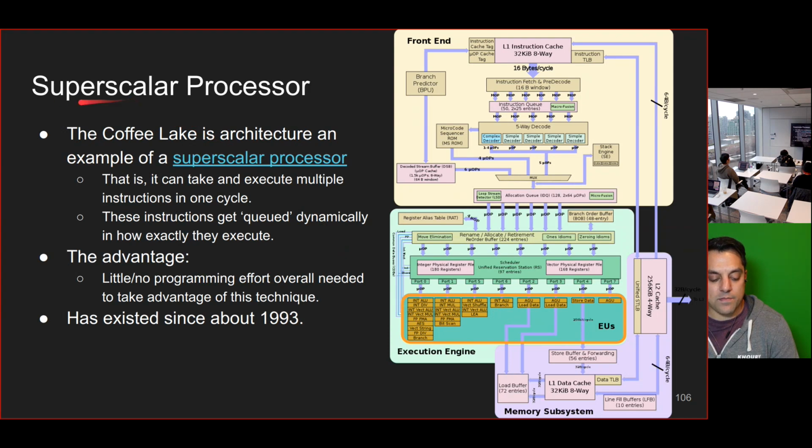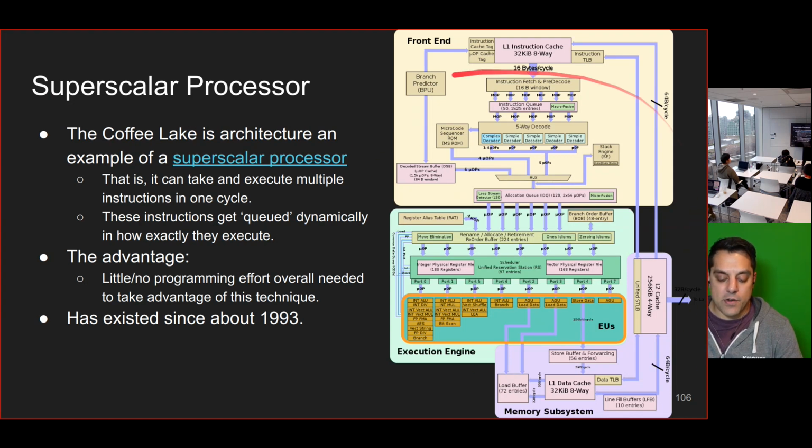So we say that our architectures, most of the laptops that you have, even your cell phones, are what are called superscalar processors. And that means they can process more than one instruction at a time. So we don't have to think about our programs as executing one line of code at a time, but lots of stuff's happening in parallel.